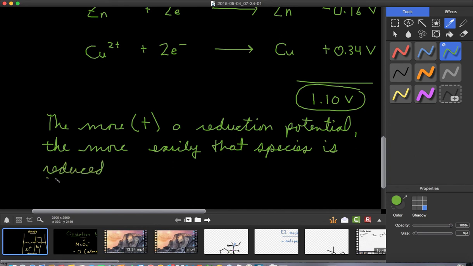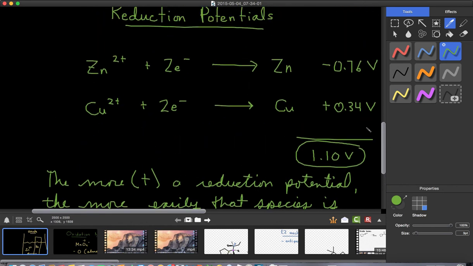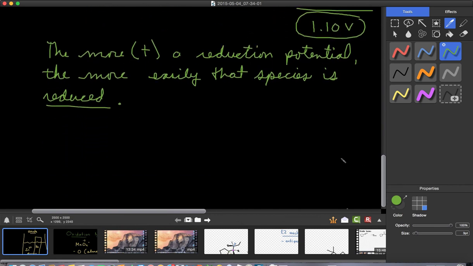So there's a hierarchy. When I have reduction potentials of a species and it's more positive than another, that means that that species with the more positive reduction potential is more easily reduced. Just as a very quick example, copper ion is more easily reduced than zinc ion. Compounds that are easily reduced make excellent oxidizing agents.